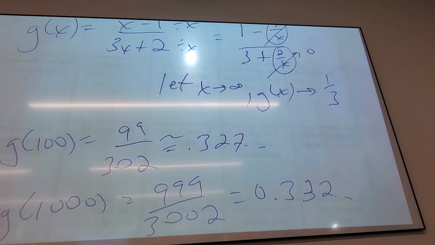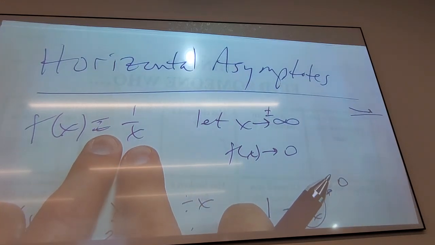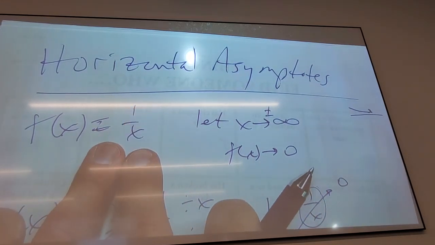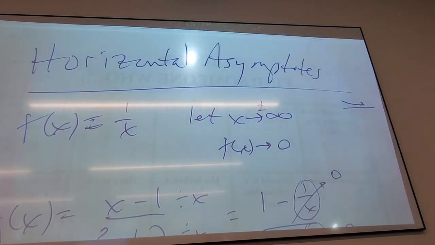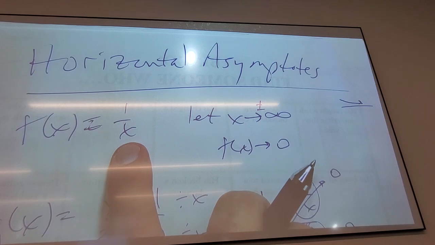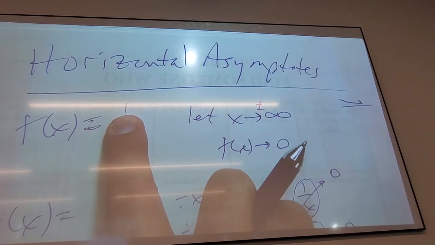So we can start to develop shortcuts, thank the gods. Can somebody tell me, on this first one, which does the numerator or the denominator have a higher degree? What's the degree of the bottom? 1. What's the degree of the top? 0. What does degree mean?